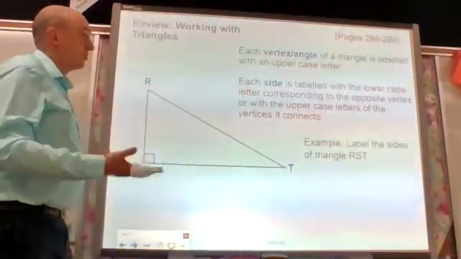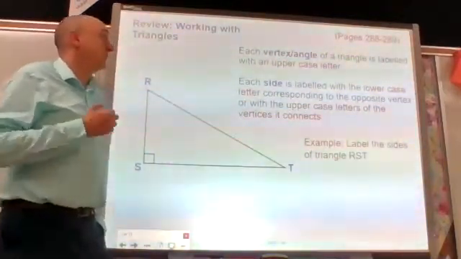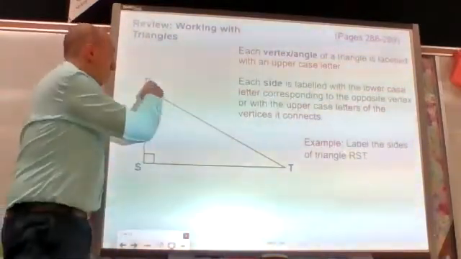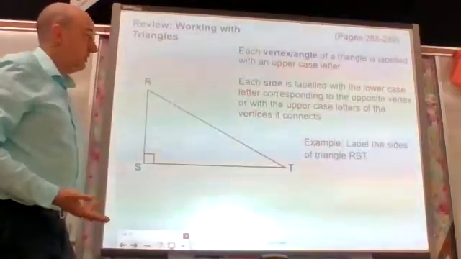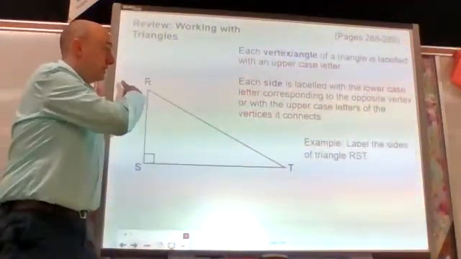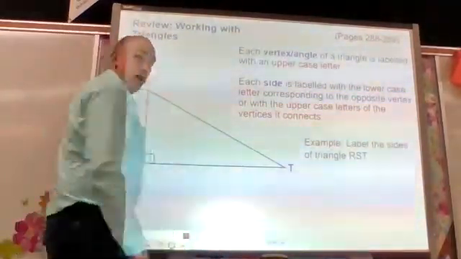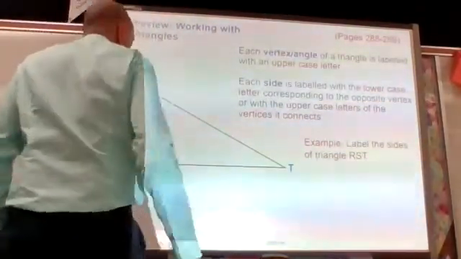Okay, so working with triangles. Remember, when we are talking about triangles, we label each vertex with an uppercase letter. Each vertex, that's a corner. RST, capital R, capital S, capital T. This triangle will be triangle RST. Each side is then labeled with a lowercase letter that corresponds to the opposite angle.